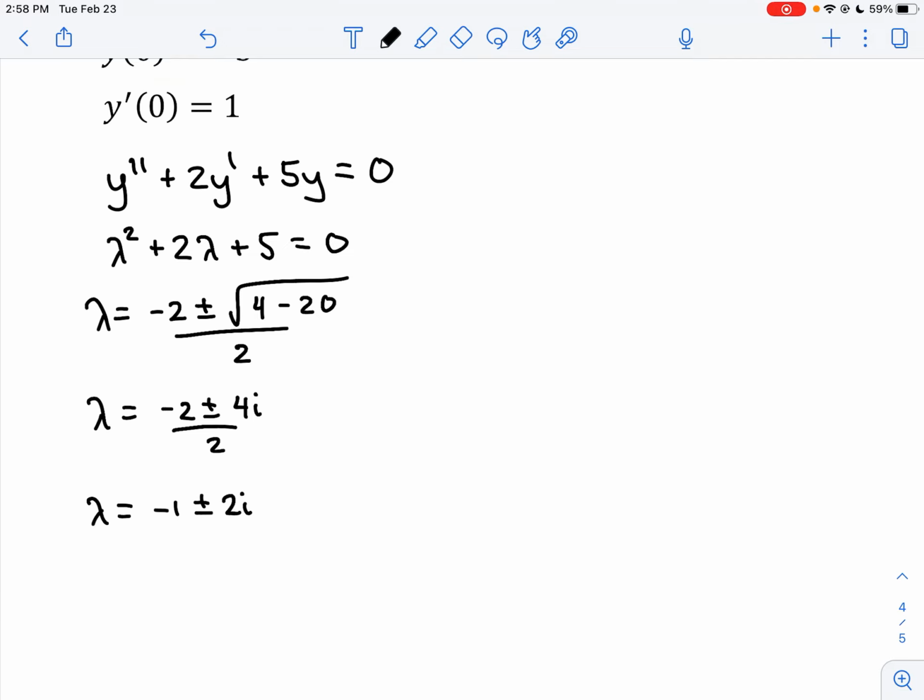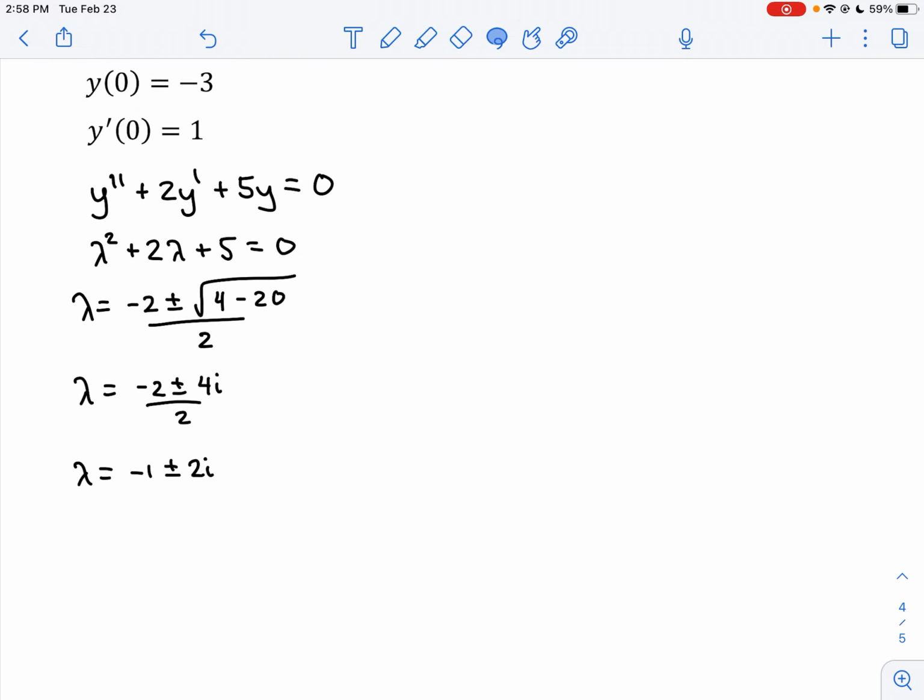These are our two lambdas. Notice they're not purely imaginary because they have a non-zero real part, and then plus or minus the imaginary part. So we have a complex number with both imaginary and real parts.